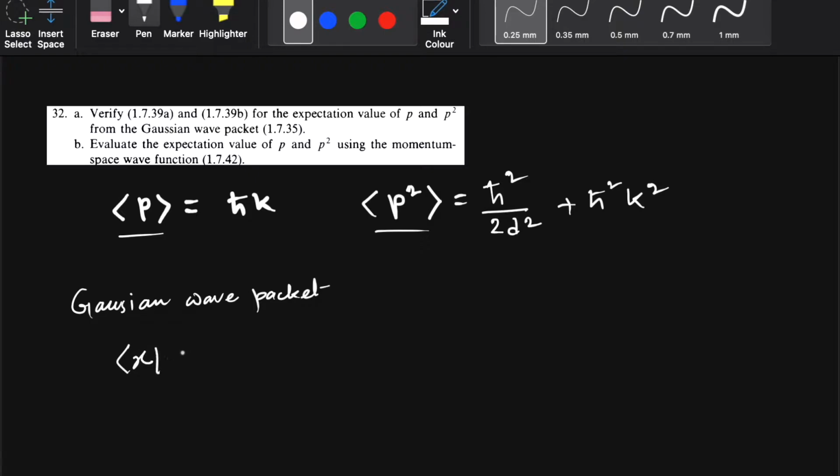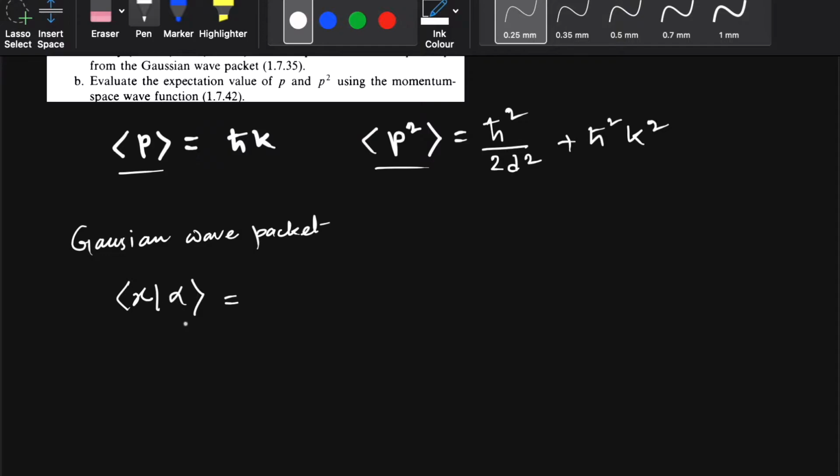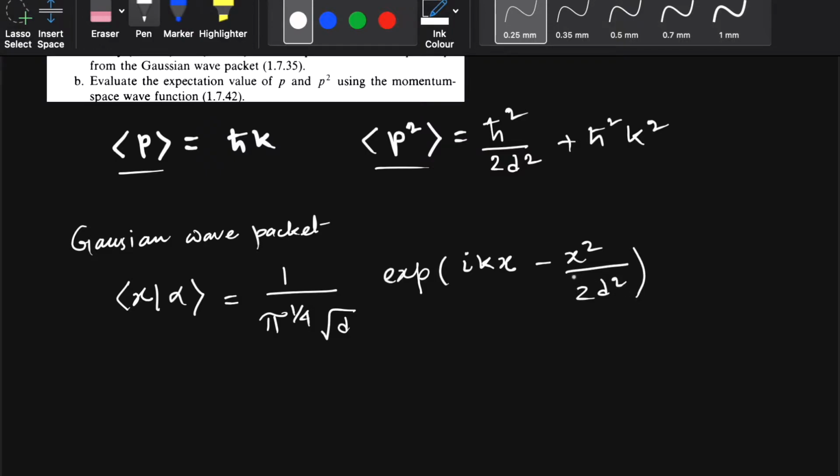the state alpha. The representation of this Gaussian wave packet in position basis is <x|alpha> equal to 1 by pi to the power 1 by 4 root d, exponential of i k x minus x square by 2 d square.